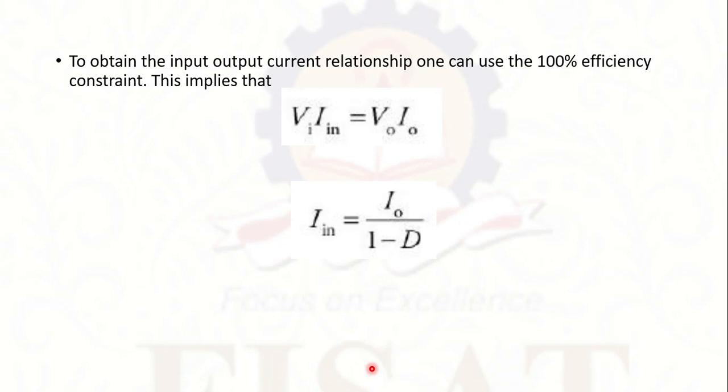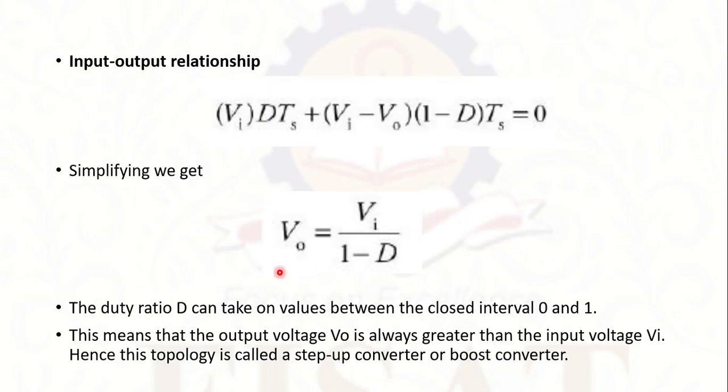Similarly, we can consider Vi into Iin is equal to Vo into Io. For the input current, the expression is Iin equal to Io divided by 1 minus d. It is taken from the previous equation where Vo is equal to Vi by 1 minus d.